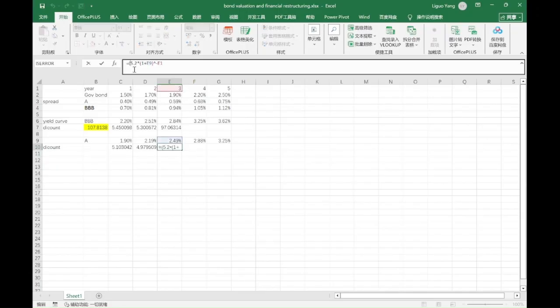Because at the end of the 3rd year, the par value will be redeemed, so here we will add 100.